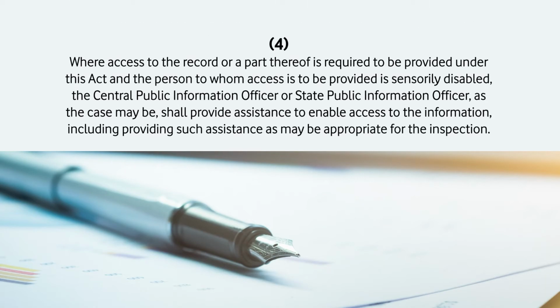Where access to the record or a part thereof is required to be provided under this Act, and the person to whom access is to be provided is sensorily disabled, the Central Public Information Officer or State Public Information Officer, as the case may be, shall provide assistance to enable access to the information, including providing such assistance as may be appropriate for the inspection.